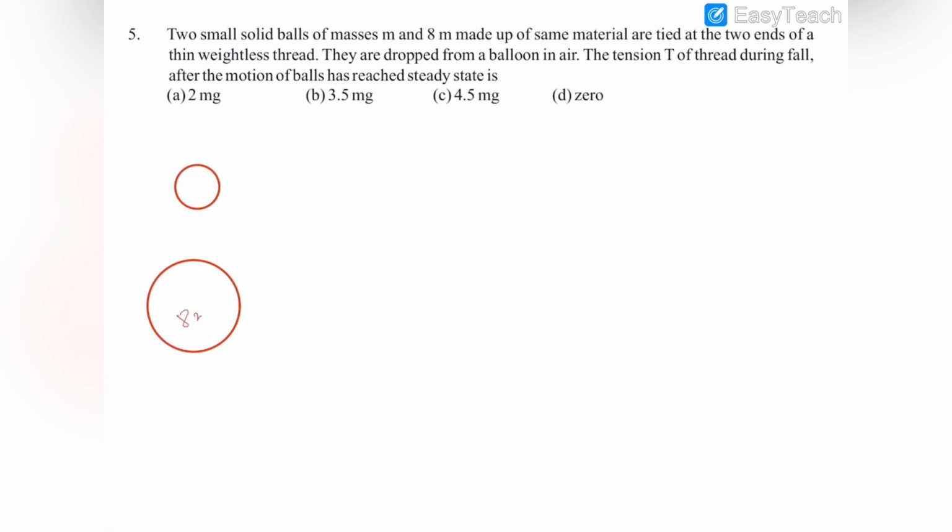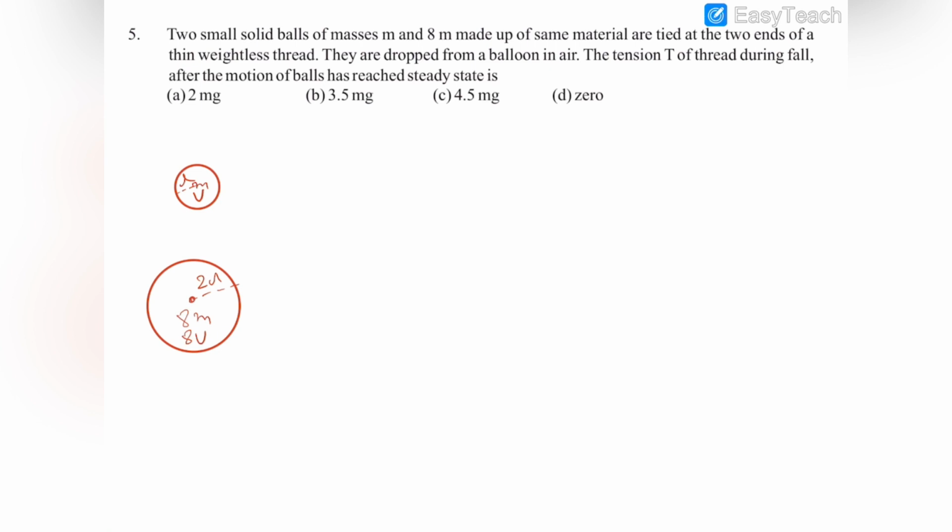So its mass is 8m and its volume is 8v. And therefore, if the volume is 8 times that of the smaller one, then we can say that the radius of this ball will be twice, 2r, and the radius of this ball will be r. Because volume is proportional to r cube and volume is 8 times, so radius would be twice.